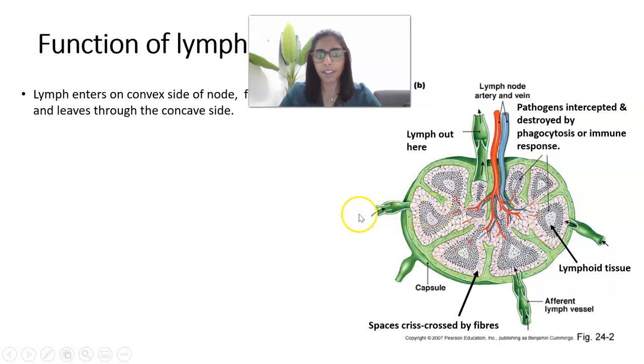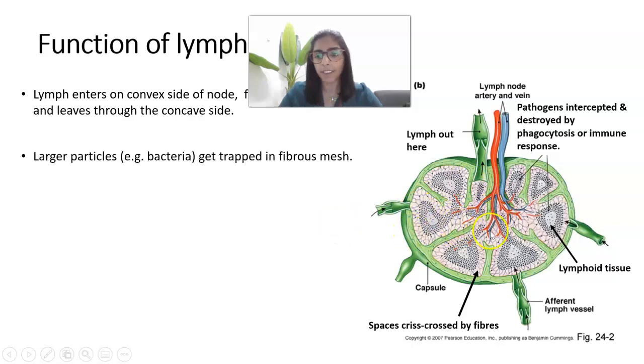What's happening is we have a convex side, which means it's wider as it enters and narrows as it goes through, and this allows for filtration through the node itself. The reason why we need that filtration is because large particles such as bacterium will get trapped in this fibrous mesh, and this will prevent them from circulating around the body.